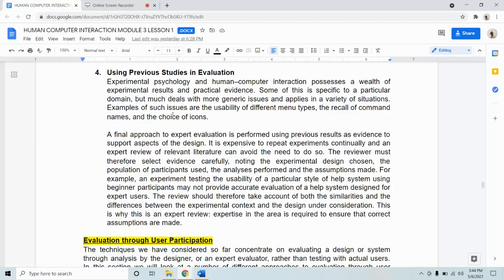So that's what we mean by using previous studies in evaluation. Okay? For example, sa HCI, murag known naman gid kaayo sa studies nga pag color red, generally na siya danger. So most likely gamitan na siya nga principle sa imuhang product.